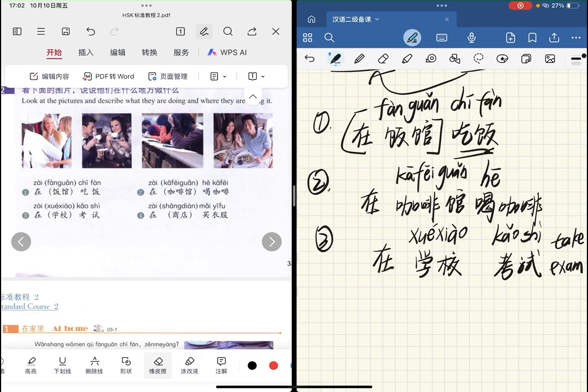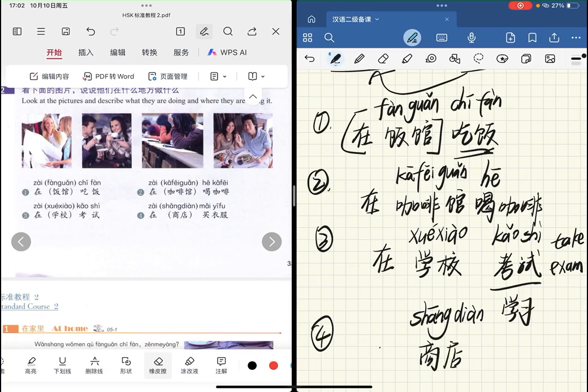在学校考试, to take an exam. Or we can study at school, right? We can study at school. 在学校学习. Okay, the last one, 商店. 商店 is a shop. 在商店, at the shop or in the shop.